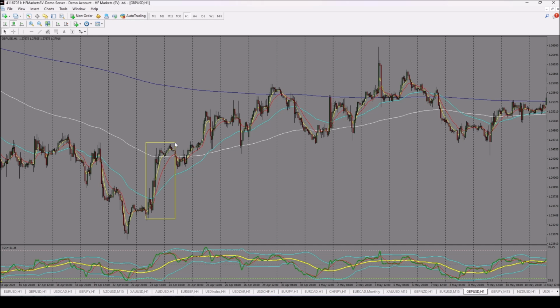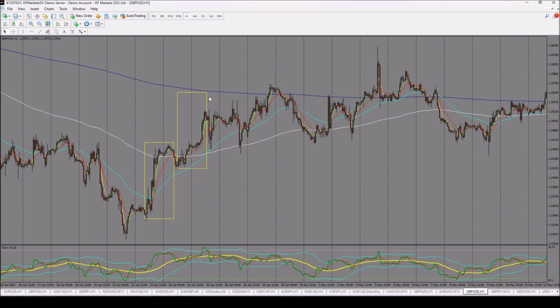We had the first level to the upside, then the second level to the upside, which may be equated to days of rise or days of drop if we are on the H1 time frame. Then we had the third level like this. So basically, after three levels of rise or three levels of drop, we expect to see a market reversal.